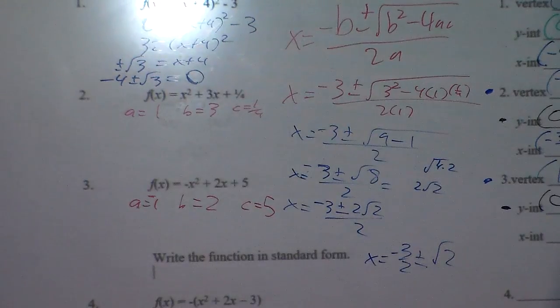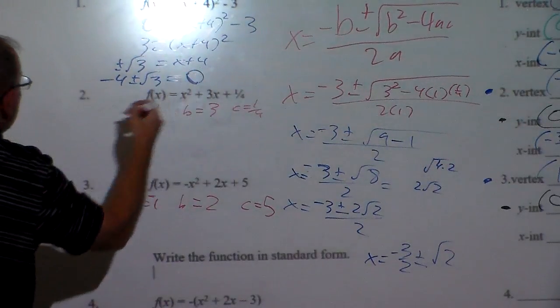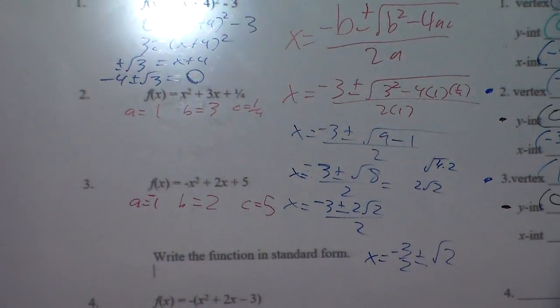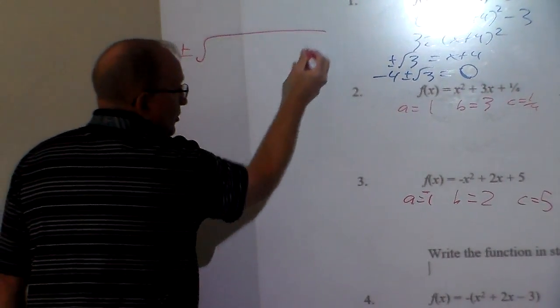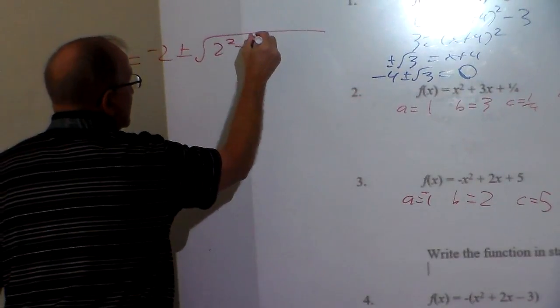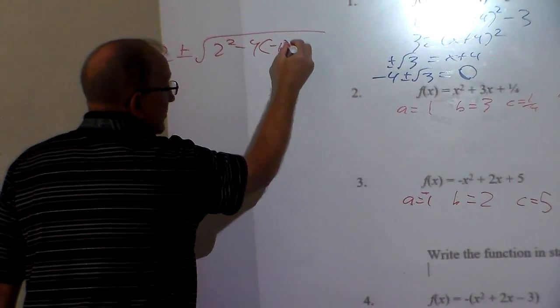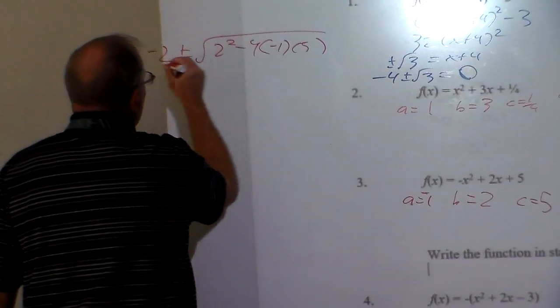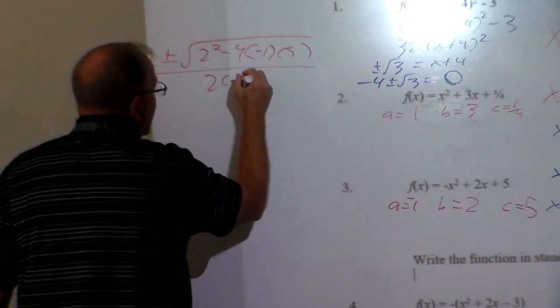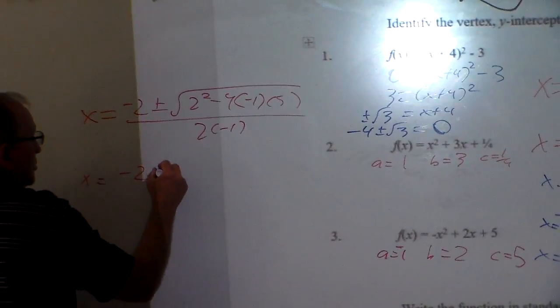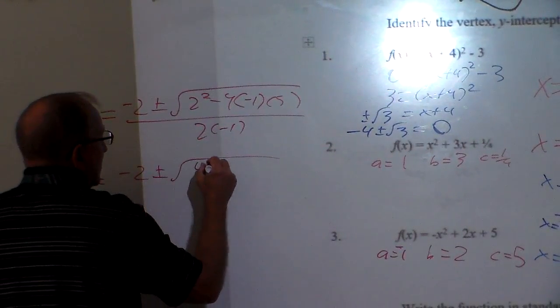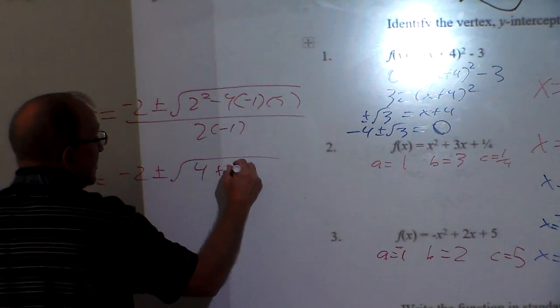So I come back up here and plug it in. x equals -2 plus or minus the square root of 2 squared minus 4 times -1 times 5, all over 2 times this -1.